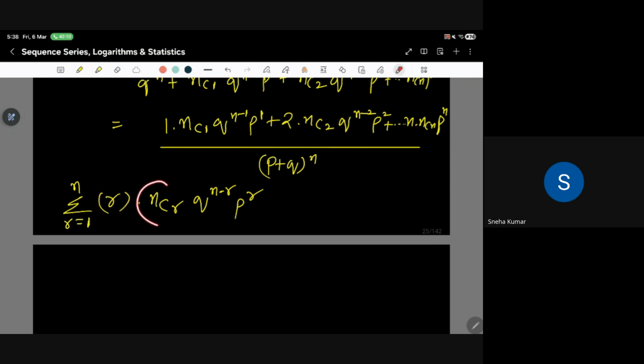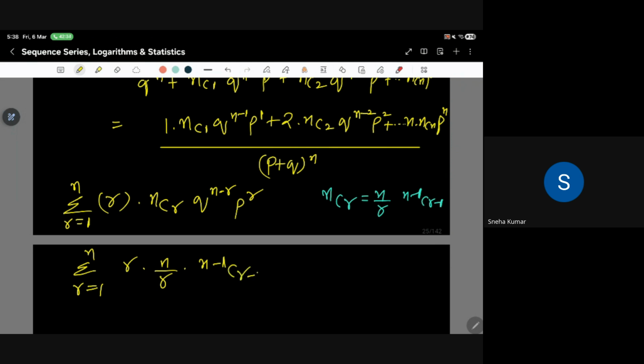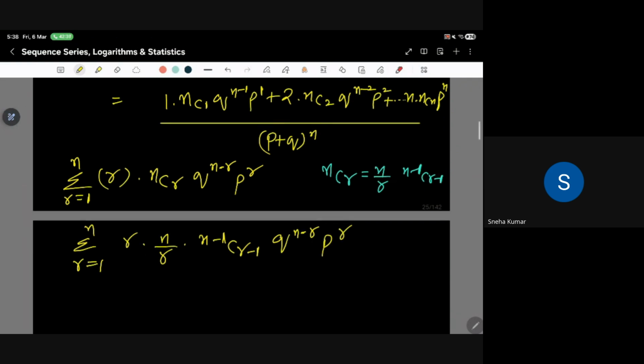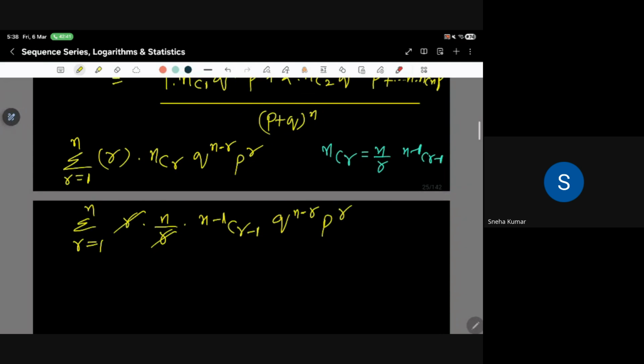So we have the property of nCr, that nCr can be written as n upon r, (n minus 1)C(r minus 1). You can take out n and r out of nCr and subtract 1 from each. So we can write n upon r, (n minus 1)C(r minus 1) q to the power n minus r p to the power r. So this r got removed.